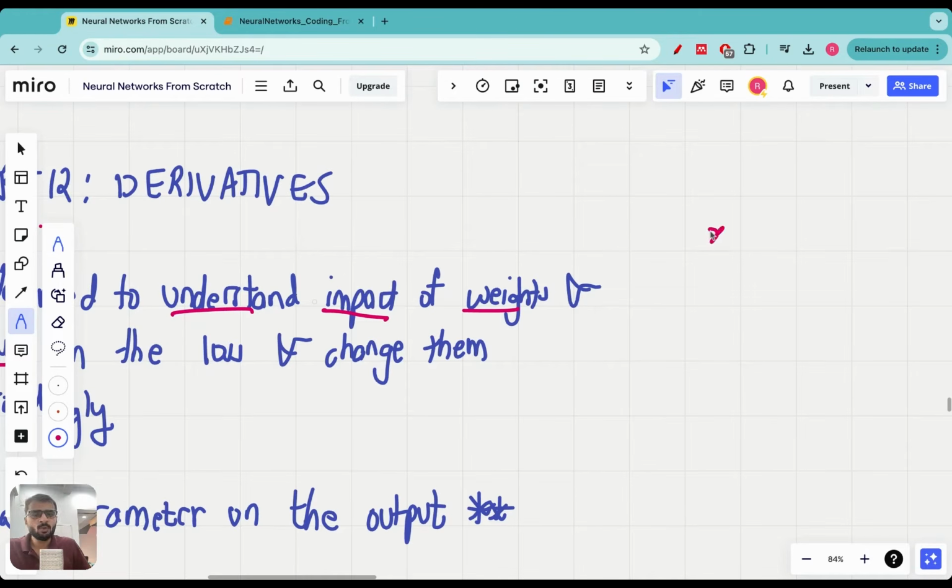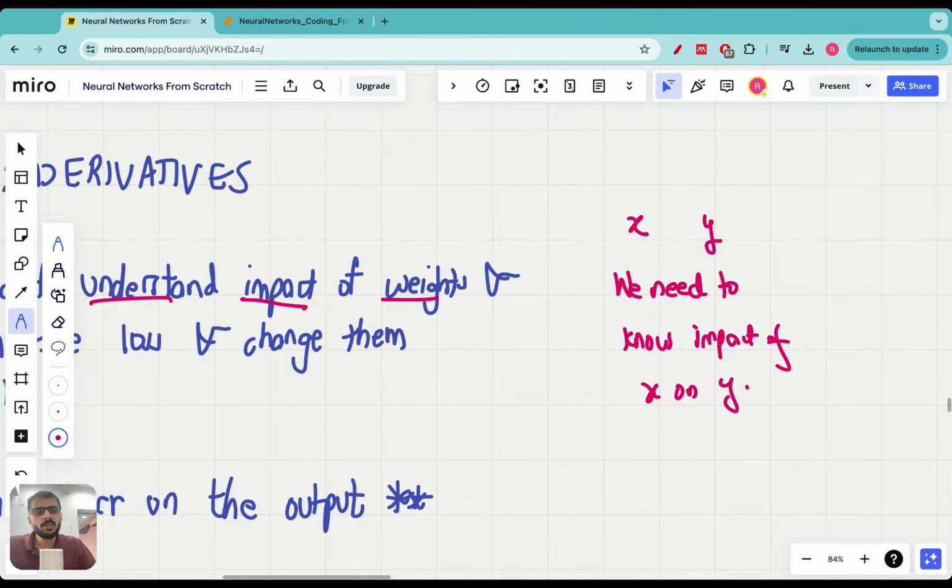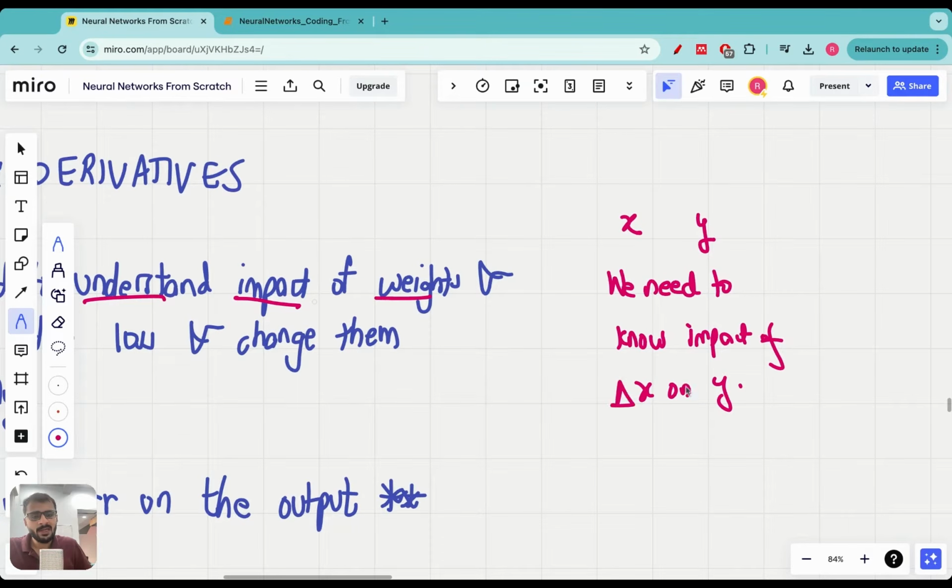So, if you consider two quantities x and y, we need to know the impact of x on y, or rather, we need to know the impact of delta x on delta y, which means the change in x on the change in y.